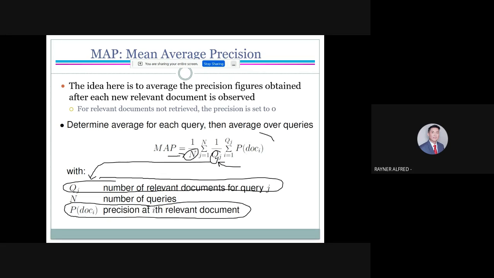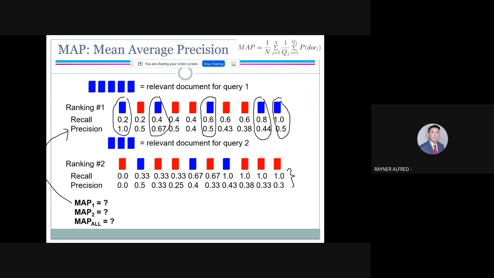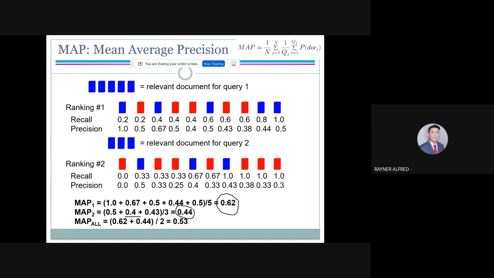We sum up the two that we have here and divide by 2. So on average, for this system, area under the curve will be 0.53. If the value is higher, the better the system is.